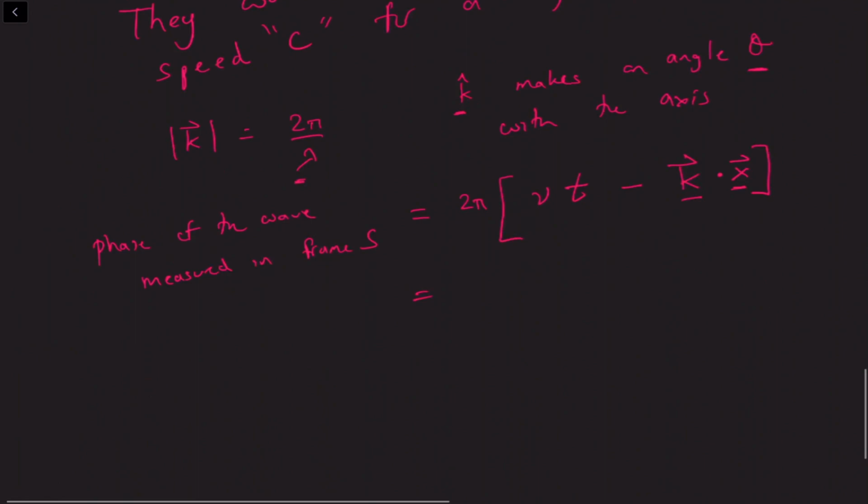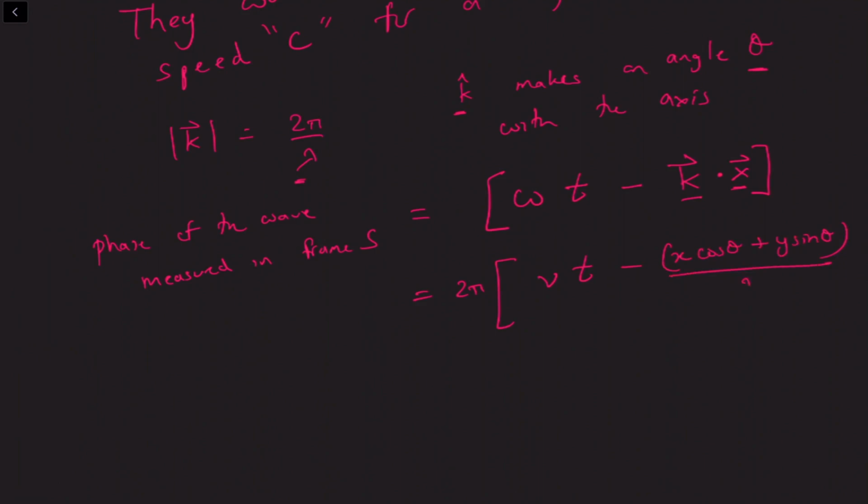And this again, we should be able to write it as, oops, sorry, I made a mistake. Here we should actually write angular frequency. And when we write it in terms of frequency, we can write it in this way: nu times t minus x cosine theta plus y sine theta divided by lambda.